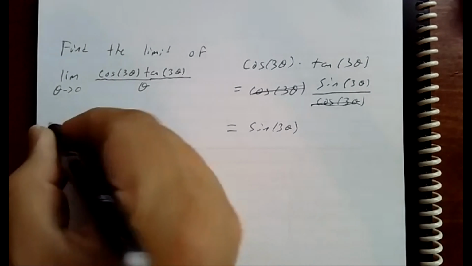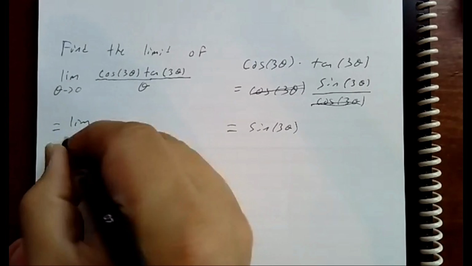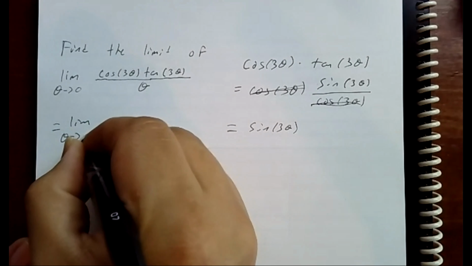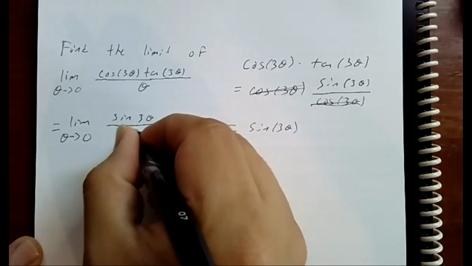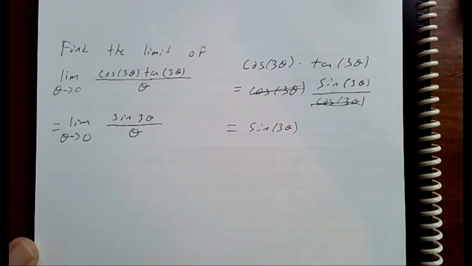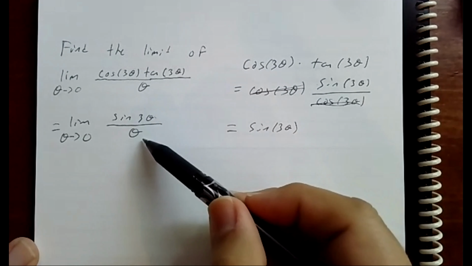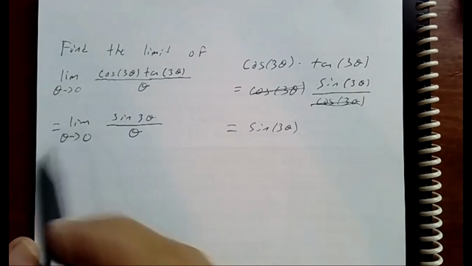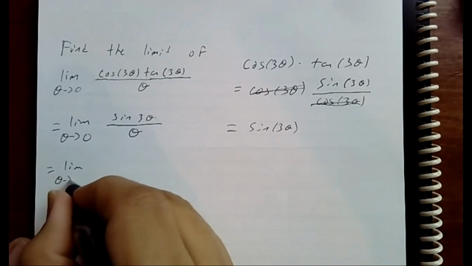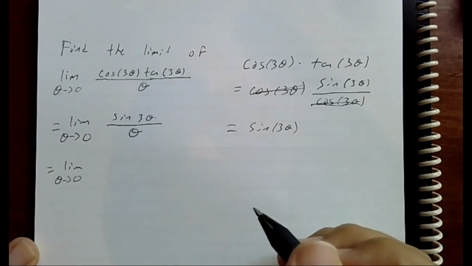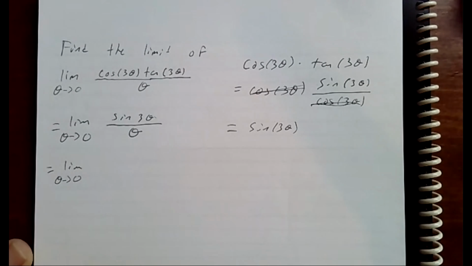So let's go back over here and get back to our actual problem. Once we simplify it, we got sine, which is what we wanted because we can use that formula. We said it needs to match, right? 3 theta over theta. So I need a 3 down here. How would I put a 3 down there? How do I force it? Oh, you could use multiplying by that.